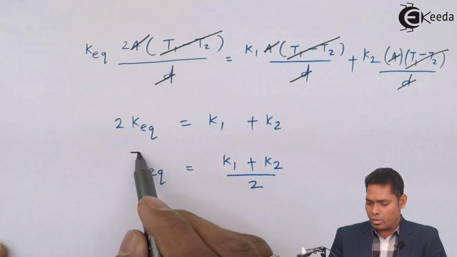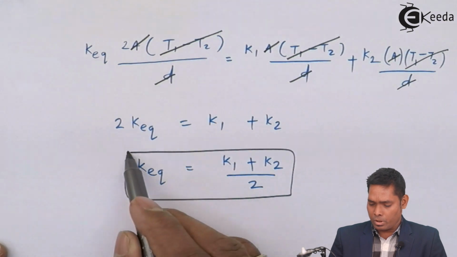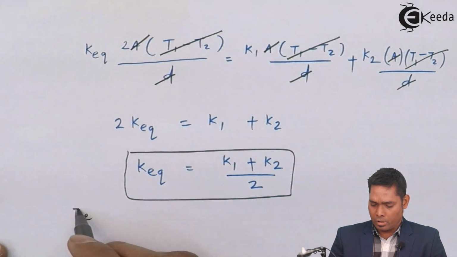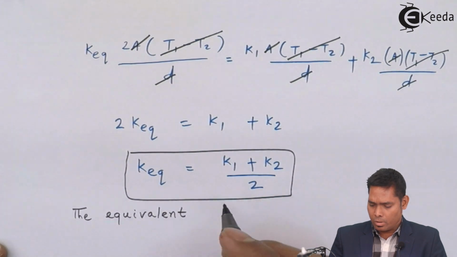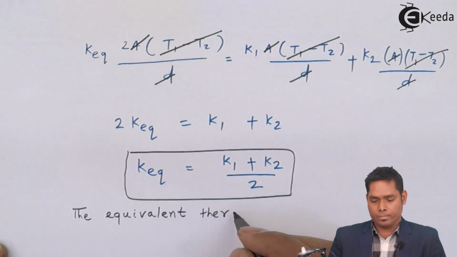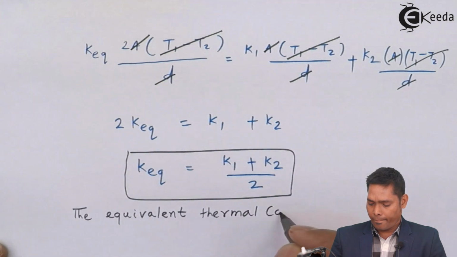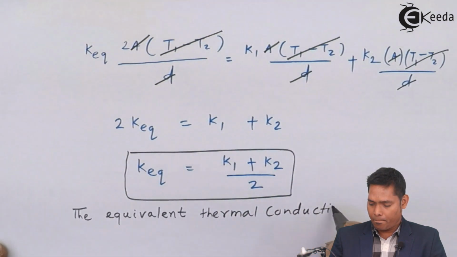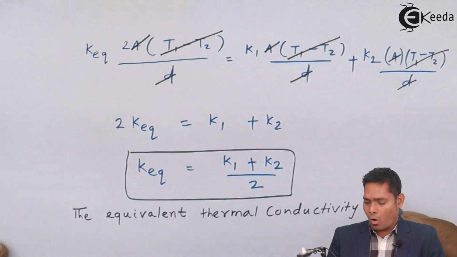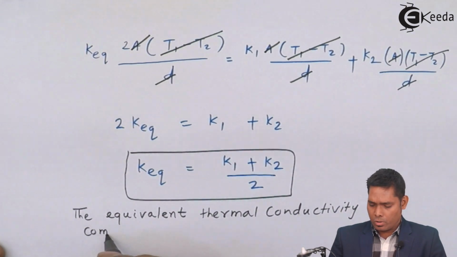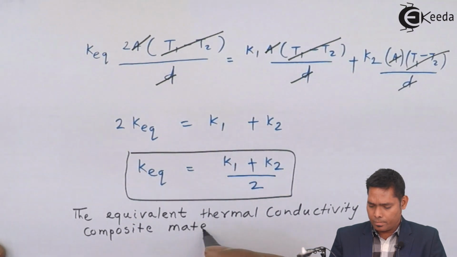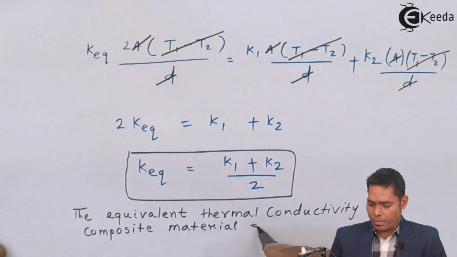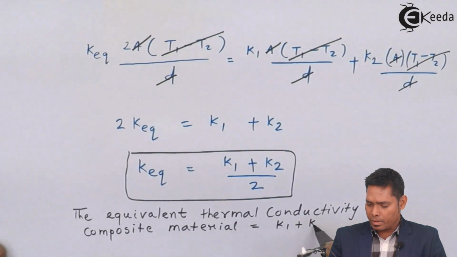So the equivalent thermal conductivity of the composite material will be K1 plus K2 divided by 2.